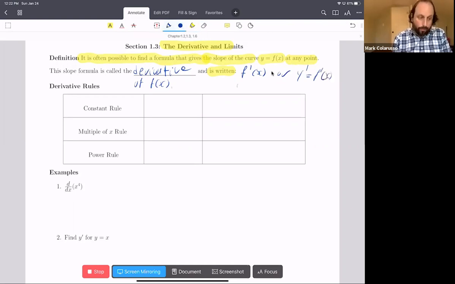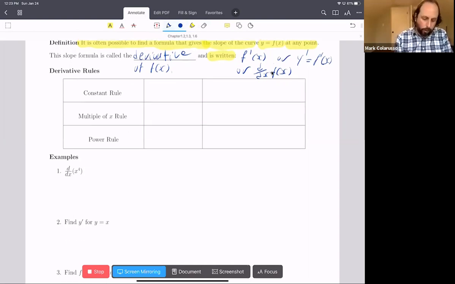Or even, for reasons that are maybe unclear, d/dx f of x. Again, I apologize, there are all these different notations. Some notations are better than others in certain cases, but for now, you're just going to have to live with it. Maybe as we go along, we'll see in more detail why you might want to have 3 different notations. But it's hard to believe that when you first see it.